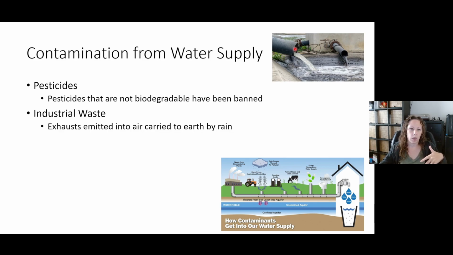So, for example, if exhausts from whatever industry are emitted into the air, then they're going to be brought back down to the earth by rain. And so whatever chemicals are in the exhaust that is going up into the air, it's going to be brought back down to the surface. And from that point, it is in the water supply. It's in the rivers, in the lakes, in the oceans.